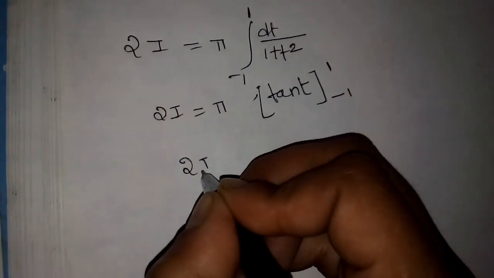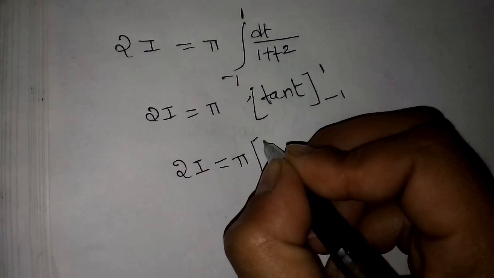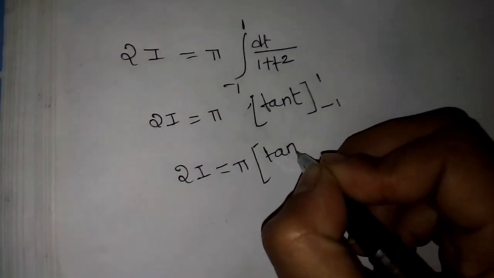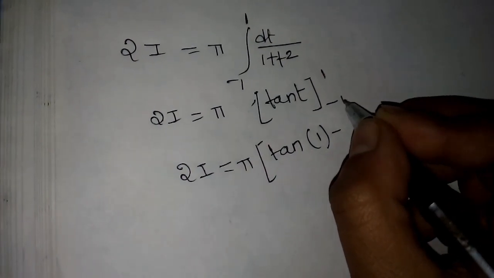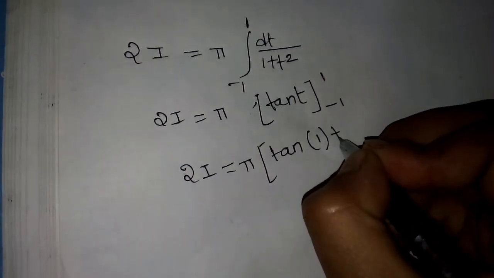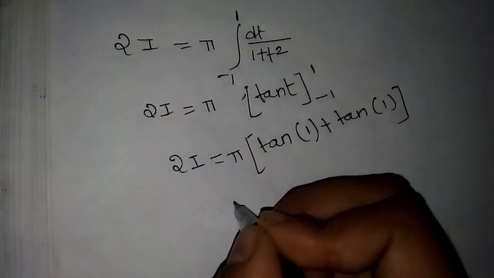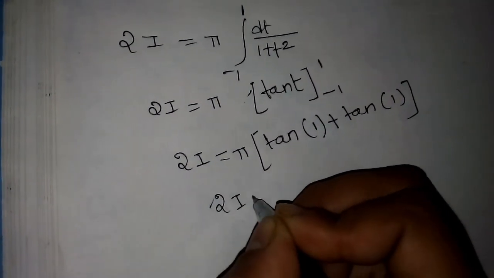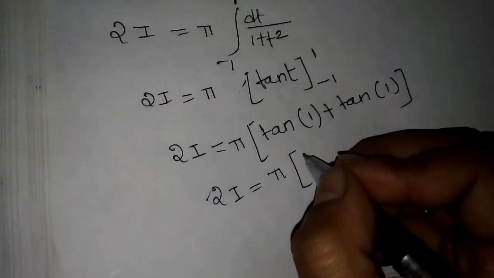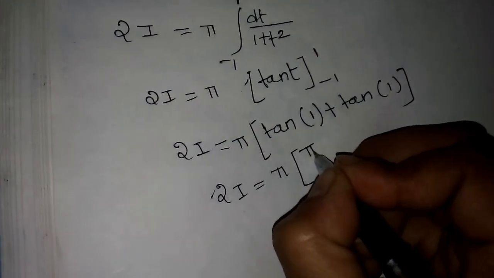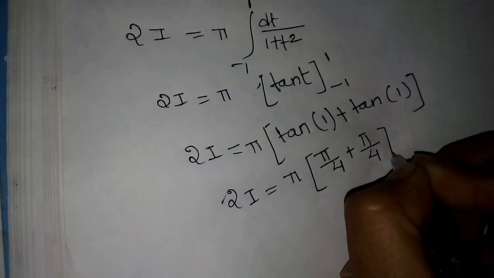Putting the limits, tan inverse of 1 here we have minus, but we also have minus there, so minus and minus become plus, and tan inverse of 1. Tan inverse 1 means angle 45 degrees, which is pi upon 4, and here also pi upon 4.